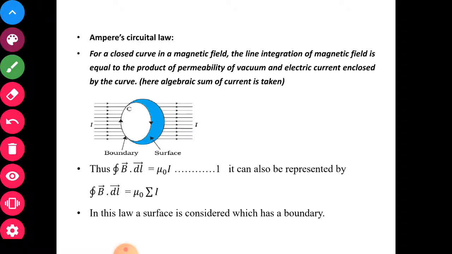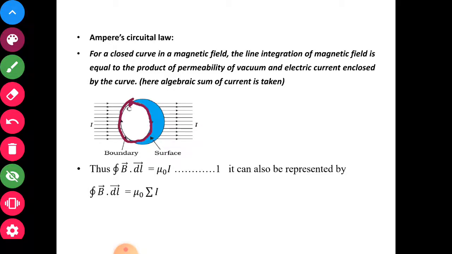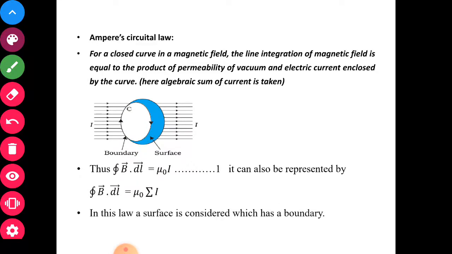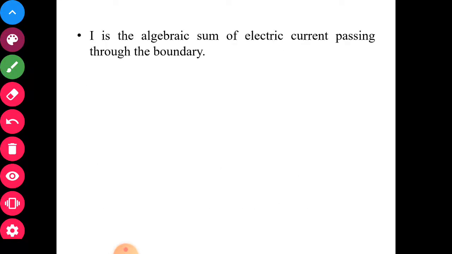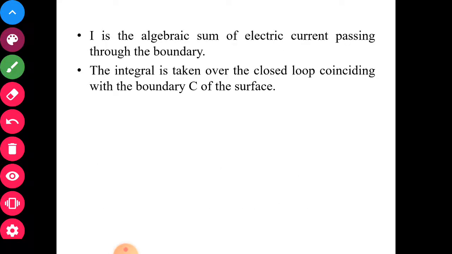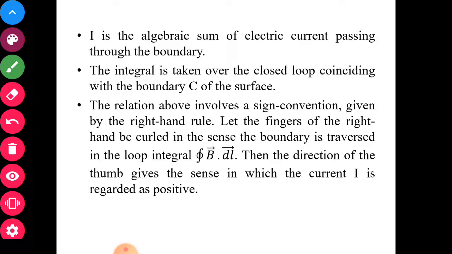So here this C point is nothing but the boundary point. A curve is passing through this C point, we can say, and the closed integration is taken over the closed loop coinciding with the boundary C of the surface.